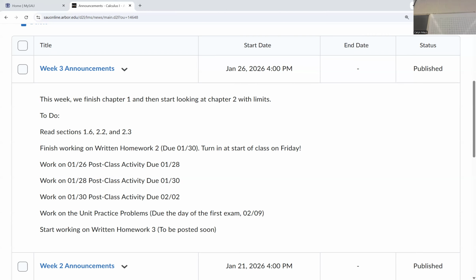So the limit as x goes to 0 of tangent of x means plug in 0. What is tangent of 0? Not 1. 0. It is opposite over adjacent. It is also sine over cosine.